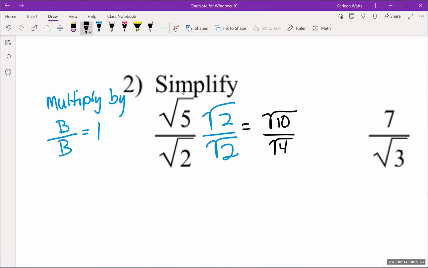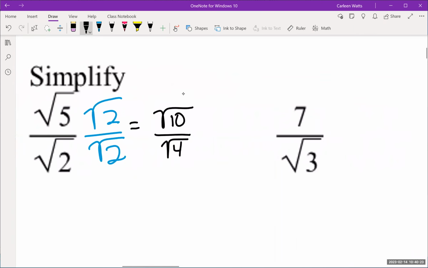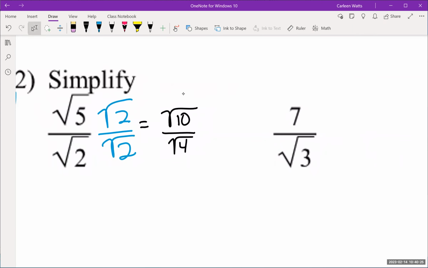Now you're going to be tempted to cancel that down to 5 and 2. Resist. Don't reduce that into 5 and 2.